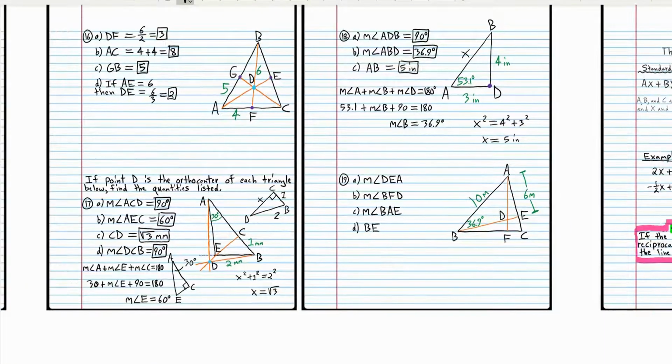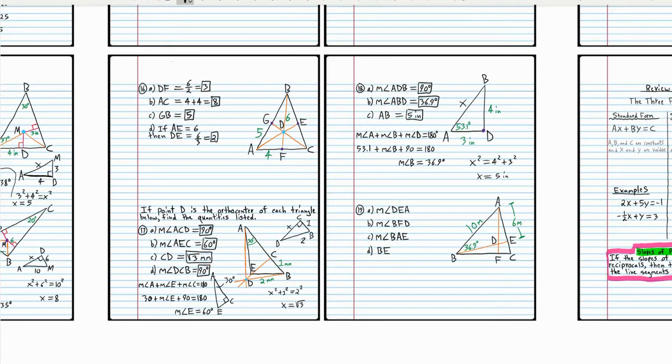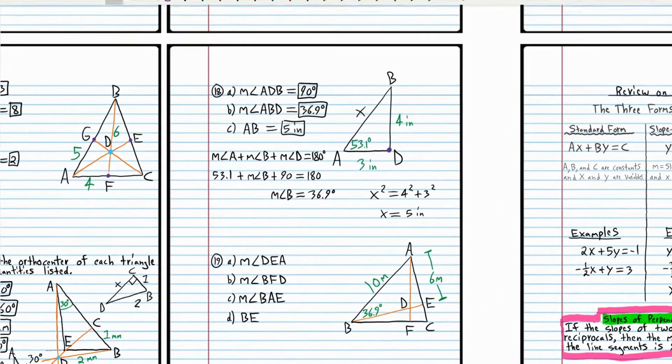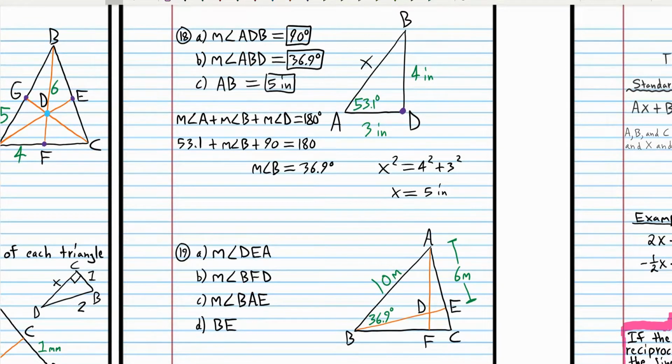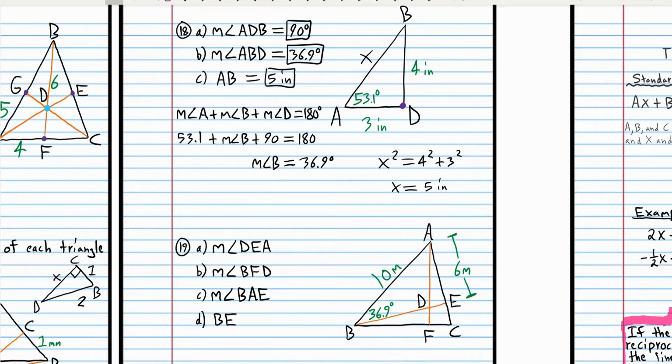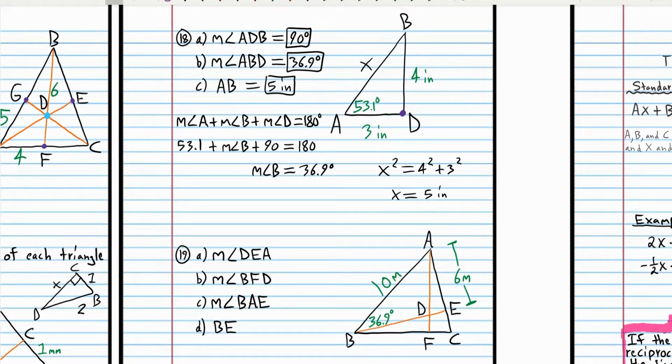All right, so now it's time for you to try an orthocenter problem. I can keep the previous problem in the window if you'd like. And so remember, we're dealing with a lot of 90-degree angles. We're using the definition of altitude to show that some of these angles are 90 degrees.